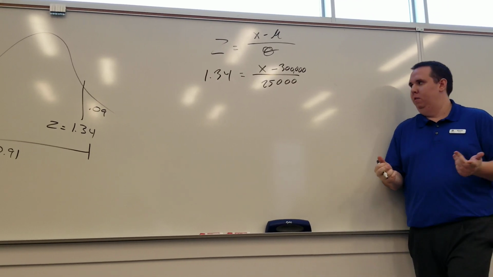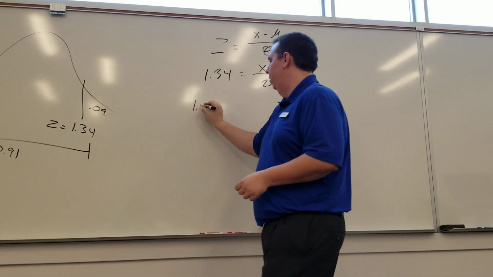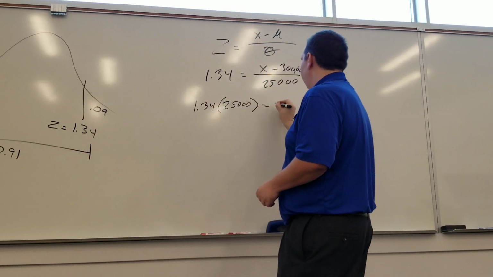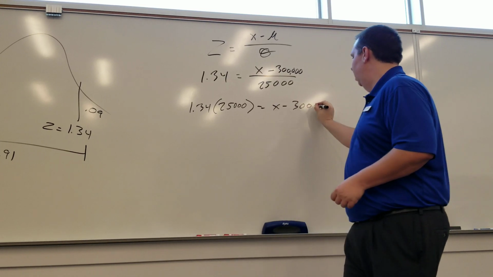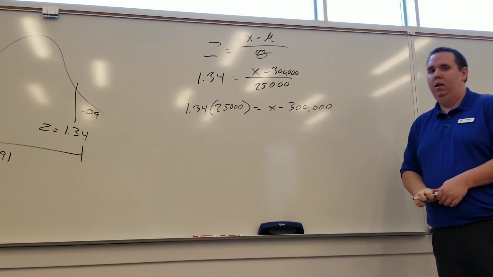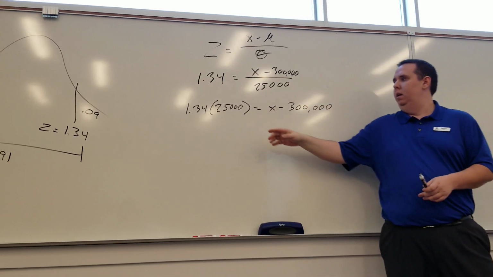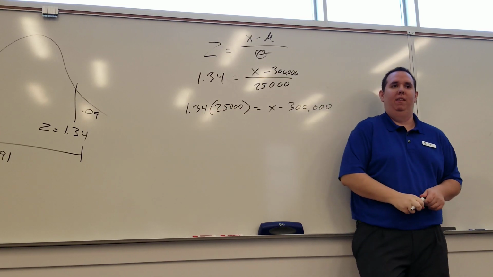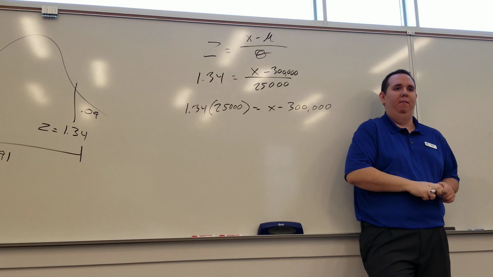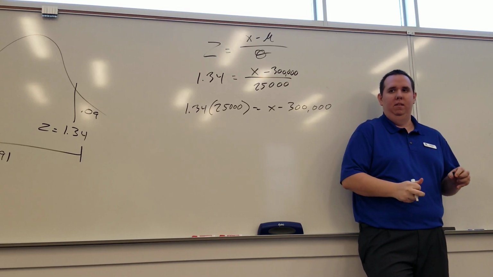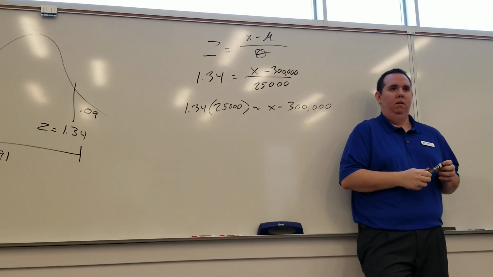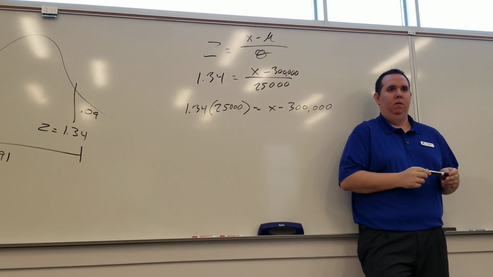Multiply both sides. Right, so we go 1.34 times 25,000 gets us that. Why does this make sense? This 1.34 times 25,000, that's how far it is in standard deviations from the mean.